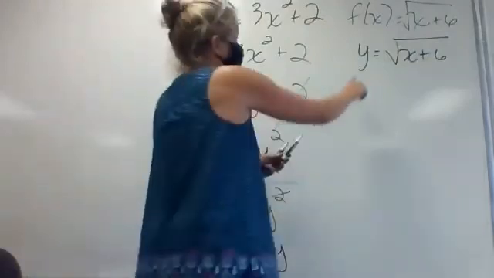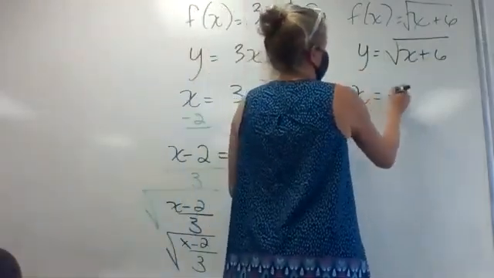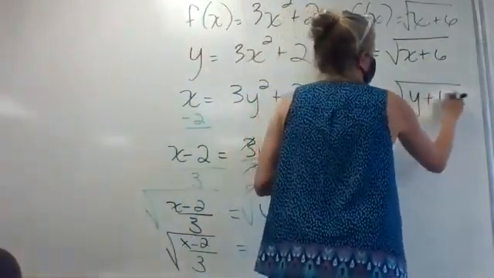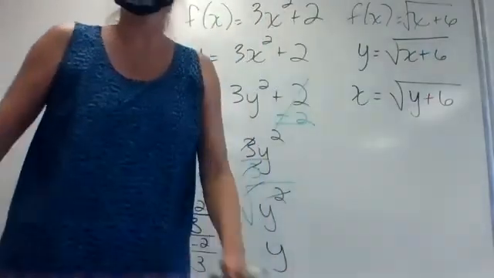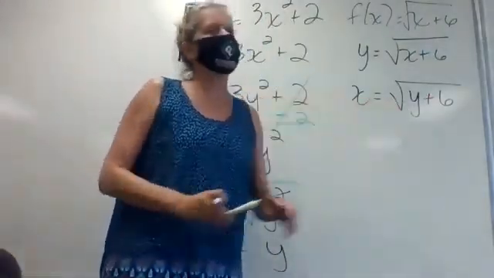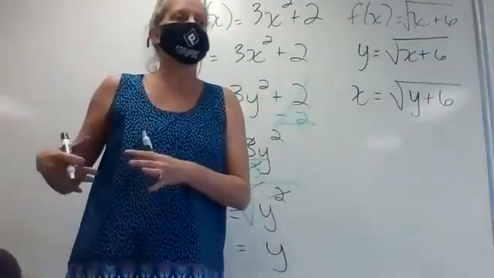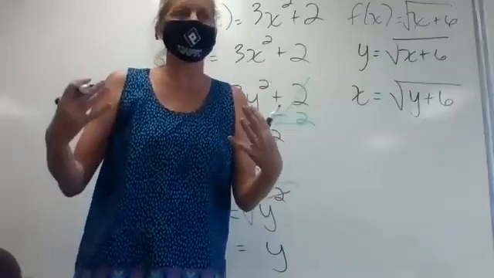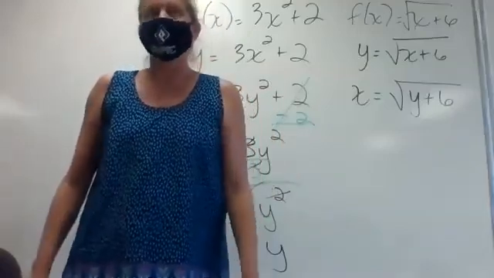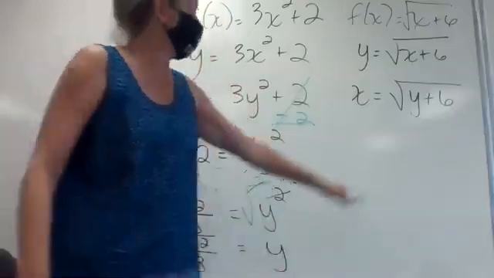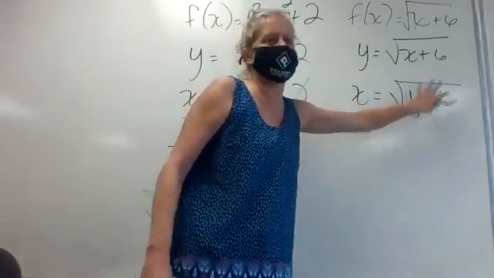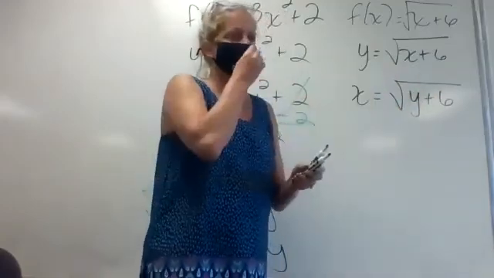Flip-flop. x equals the square root of y plus 6. So now we're trying to get this y by itself. I can't do that minus 6 yet because it's trapped under the square root. So you got to get rid of the square root before you can get rid of the plus 6. This is all trapped in there.